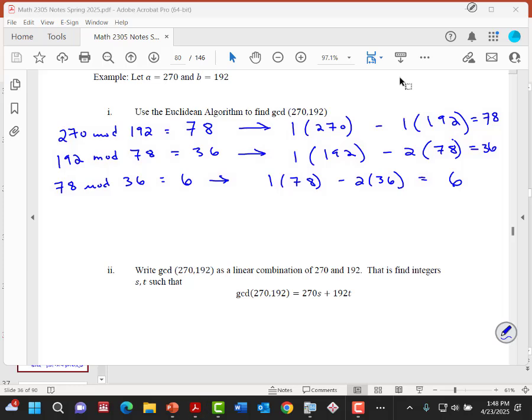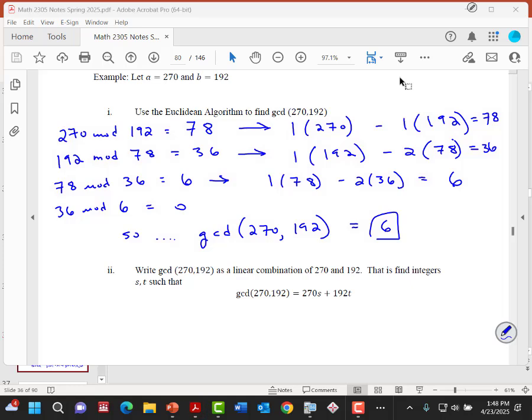Okay, one more time. So 36 mod 6 is 0. Okay, so the GCD of 270 and 192 is 6.